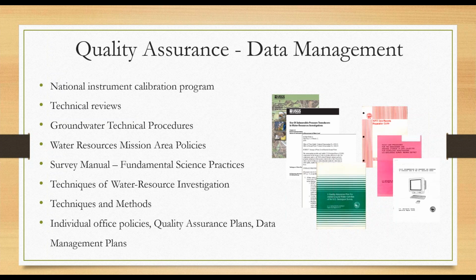We have techniques and methods that are designed for all the ways we collect data and all types of data that we collect. Individual offices also have policies, quality assurance plans, and data management plans to document how they quality assure their data.